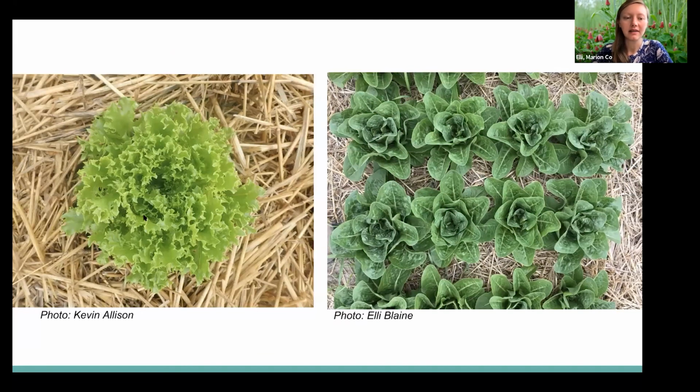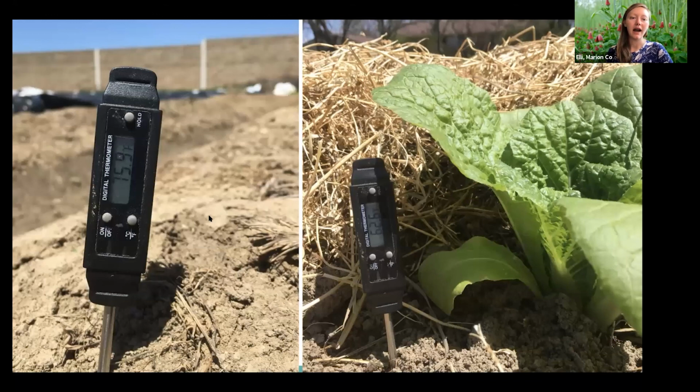And this is an example of lettuce being transplanted into mulch. The bed was mulched prior, and then the vegetables transplanted directly into them. And I think this is a really stark example of what Stephanie brought up about evaporation. On the left, these are both taken side by side, different beds.